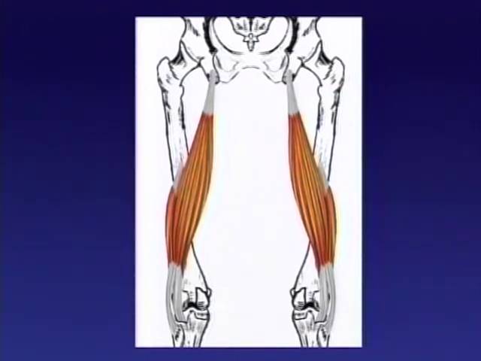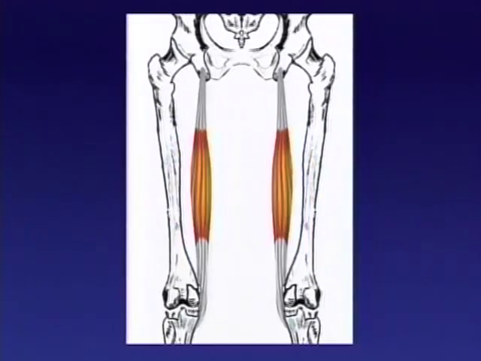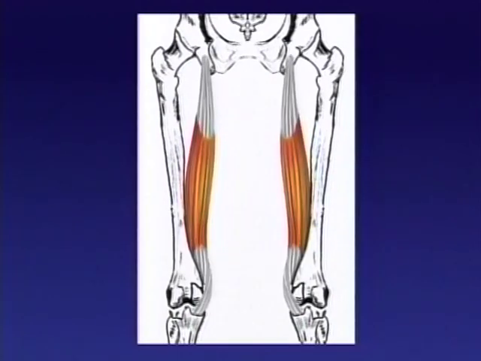The long head inserts on the lateral condyle of the tibia, and the short head inserts on the head of the fibula. The semitendinosus originates on the ischial tuberosity and inserts on the medial condyle of the tibia. And the semimembranosus originates on the ischial tuberosity and inserts on the medial condyle of the tibia.